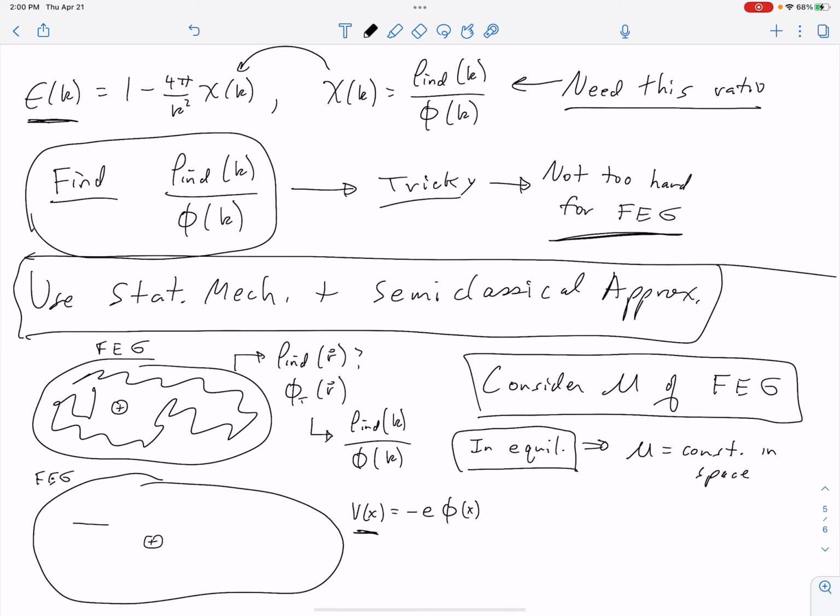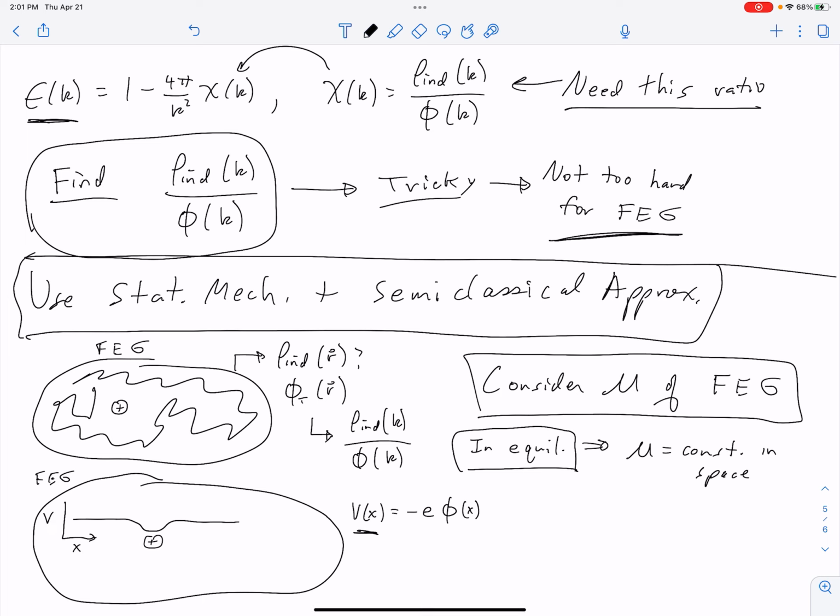It's going to go down and then up. Okay, so that's x, and that's V.